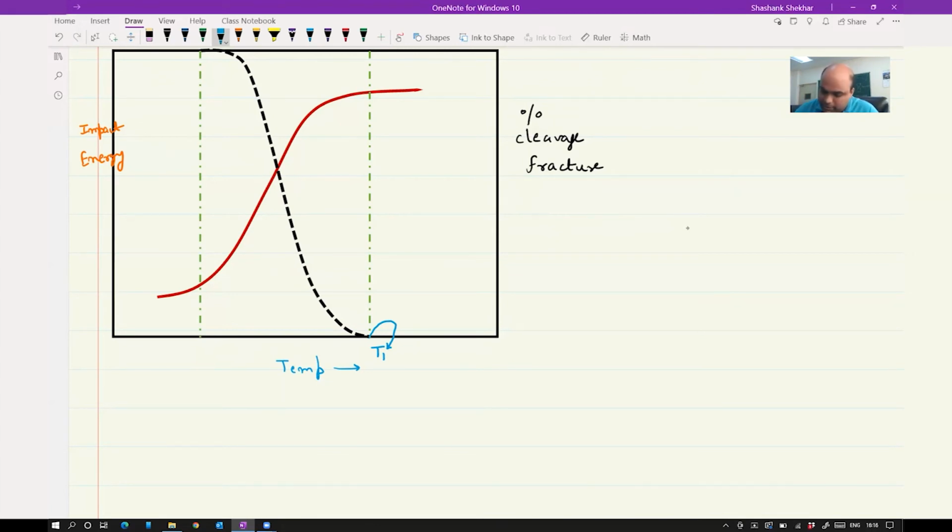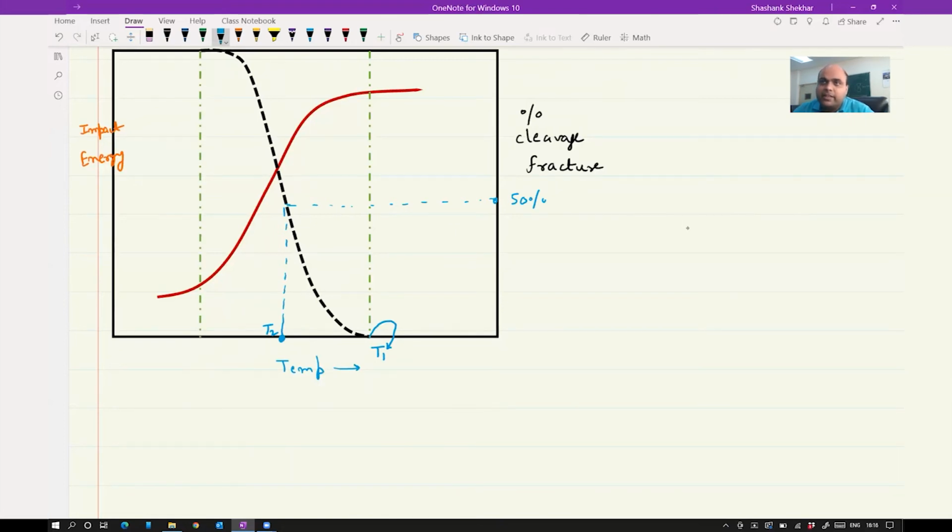Then we have T2, which will correspond to a point here. I will discuss all this one by one. T2 corresponds to a temperature where you are going to observe 50% cleavage fraction, and that corresponds to this particular point here on the x-axis.